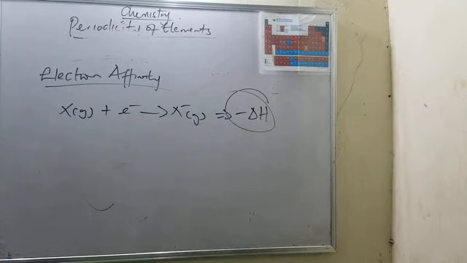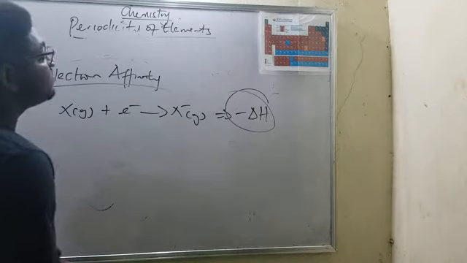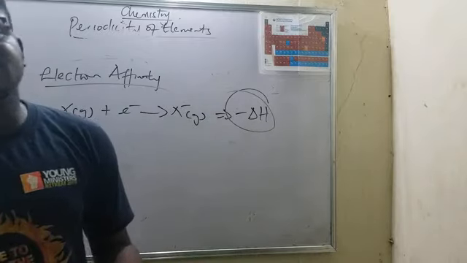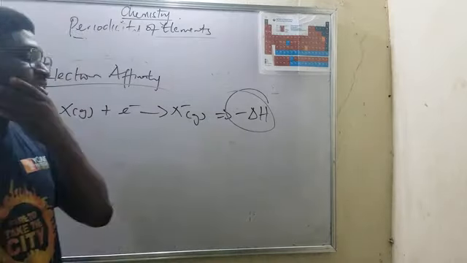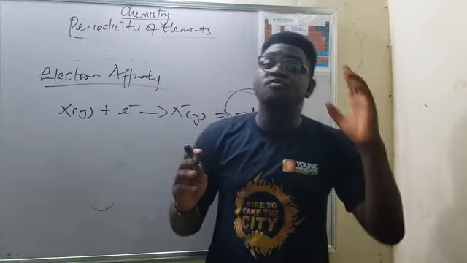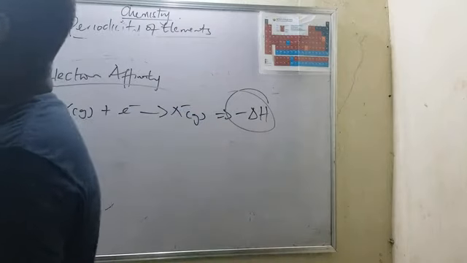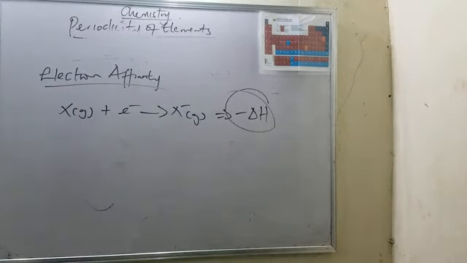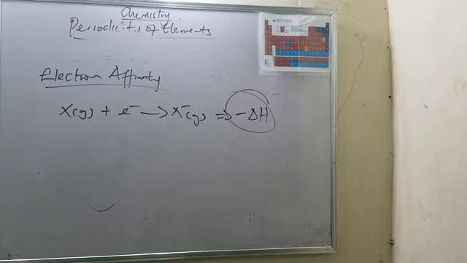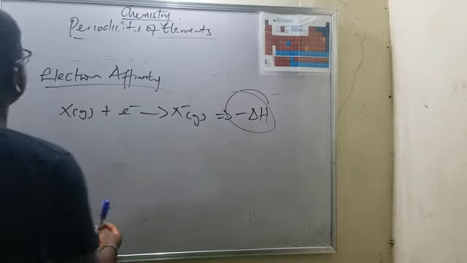And one of the reasons why we have this is as a result of the small size. The size of these atoms plays a major role in the properties or periodicity of these elements.